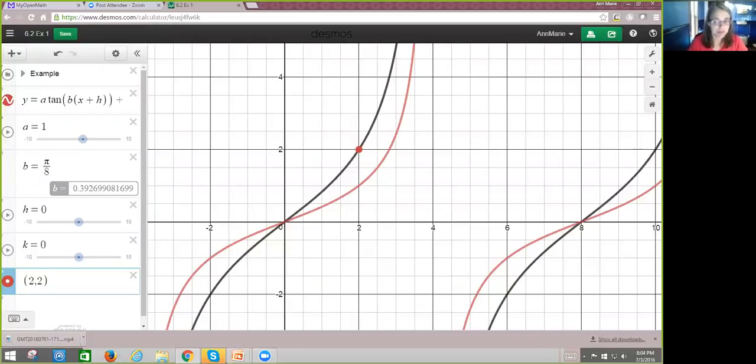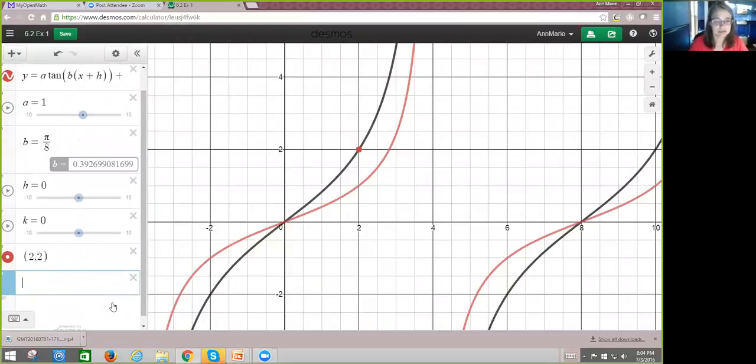Where is that point on my standard tangent? Well, let's just see what we got.